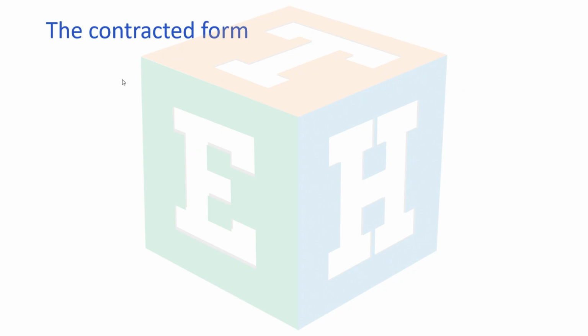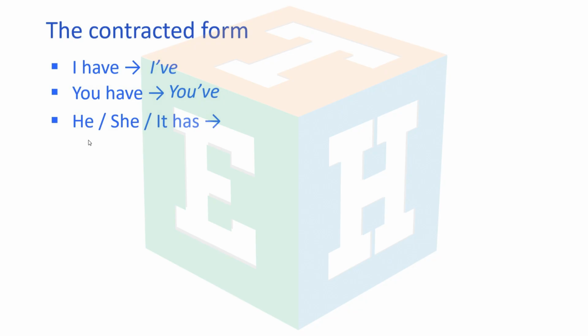The contracted form. I have becomes I've. So we replace apostrophe to the letters that we have omitted or delete. You have becomes you've. He, she, it has becomes he's, she's, it's.